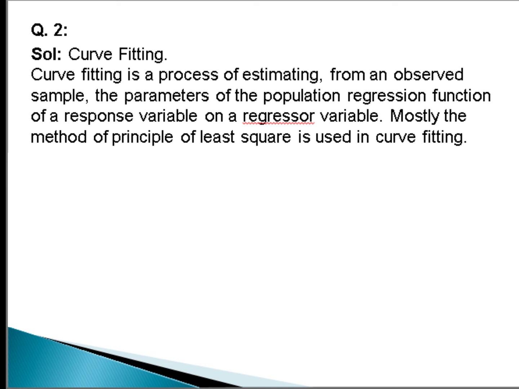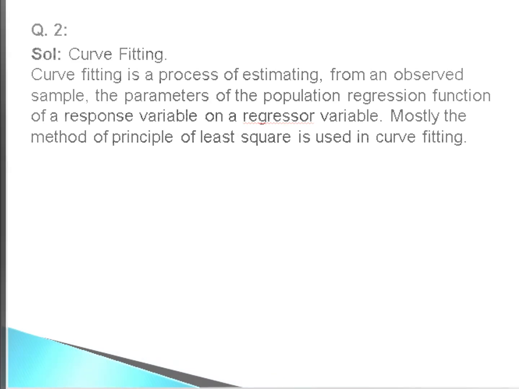Yes, students, I use two words, response variable and regressor variable here. You all know response variable is dependent variable and regressor variable is an independent variable, and in curve fitting we find out the value of response variable on the basis of that regressor or independent variable.